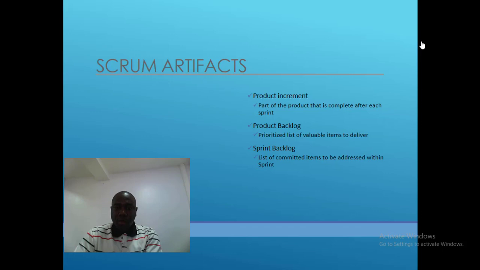It is worthy of note to also mention that it is the product owner that prioritizes the list of valuable items to be delivered, and it is kept in the product backlog. Then we have the sprint backlog, the list of committed items to be addressed within the next sprint. So product backlog is for the whole project, while sprint backlog is the list of requirements for a particular sprint.